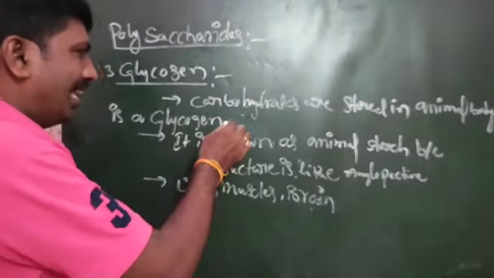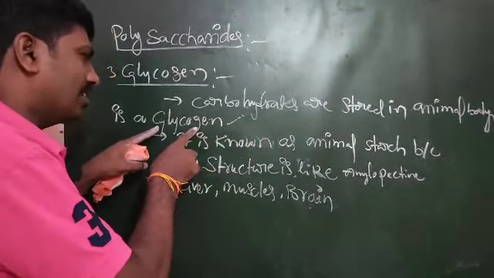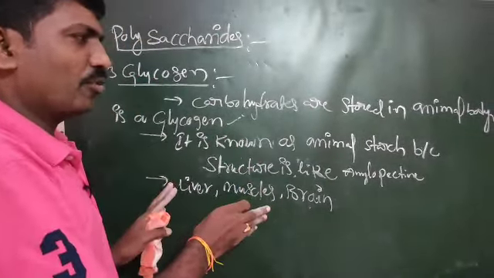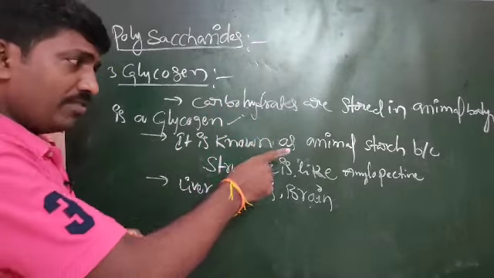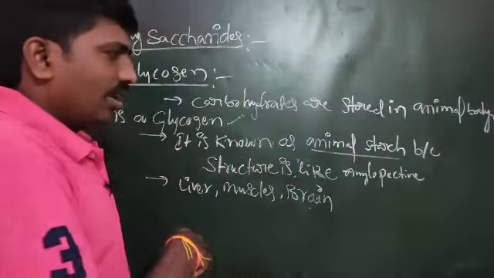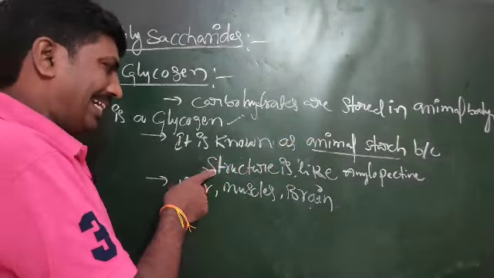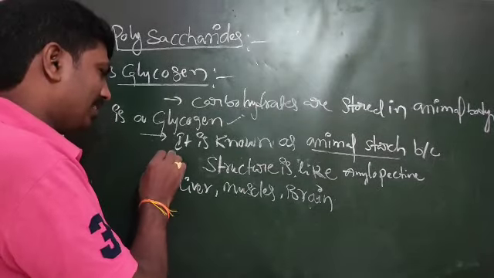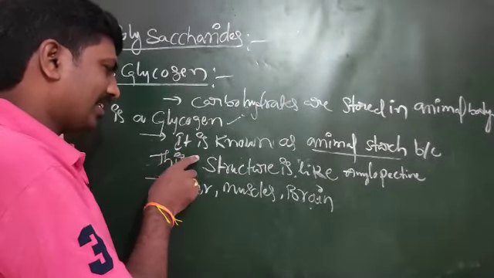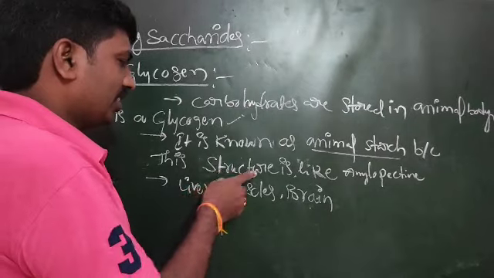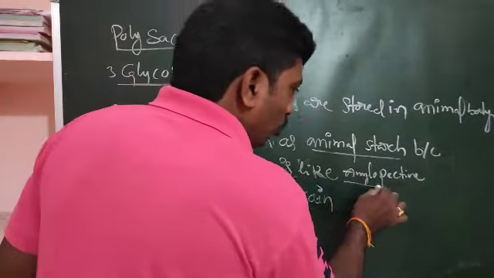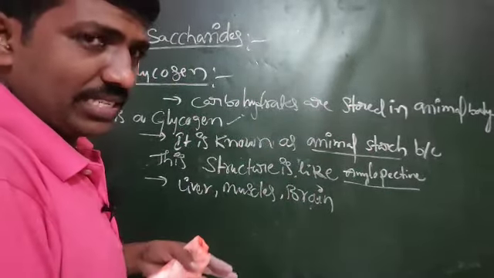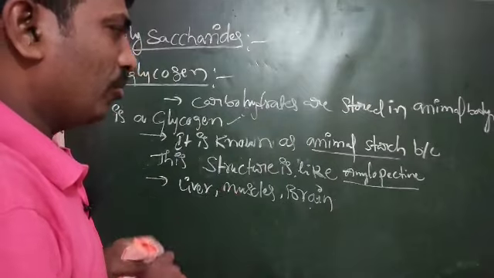How is it stored? Carbohydrate in the animal body is stored as glycogen, known as animal starch. Important, remember these points. Why do we call it animal starch? Because this structure is like amylopectin. Amylopectin you saw, no? Straight chain having branches. So this is like amylopectin.